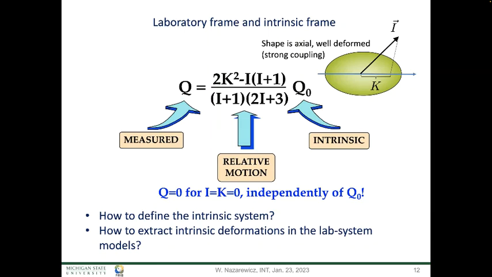So how to define the intrinsic system? Theoretically, it's not trivial. If the system has well-developed deformations, one can do it. For a system which is transitional, it's tough, and I will comment on this by the end of the talk: how to extract intrinsic deformations in the laboratory system models.